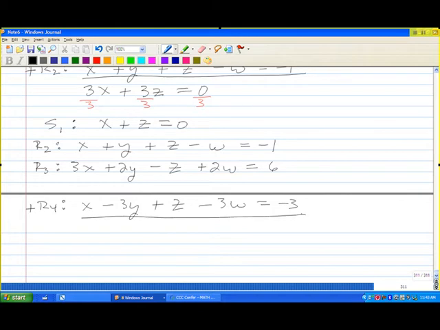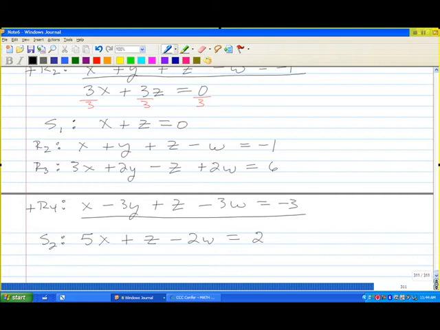So let's add. That becomes x plus 3x plus x is 5x. y plus 2y is 3y minus 3y is 0. z minus z cancels, plus z. Minus w plus 2w is 1w minus 3w is minus 2w, equals negative 1 plus 6 is 5 minus 3 is 2. So let's call that S2. Okay.